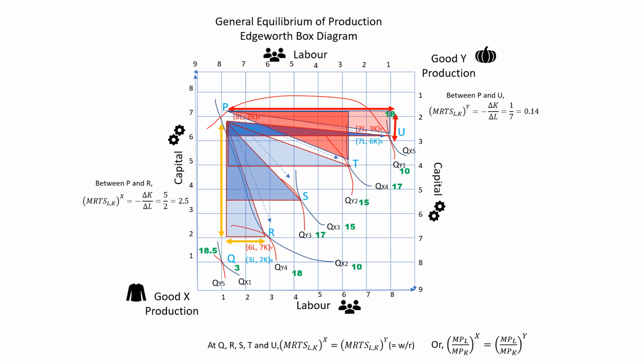So the greater is the demand for a particular good in the output market, the greater will also be the demand for the inputs that are being used for the production of that good.